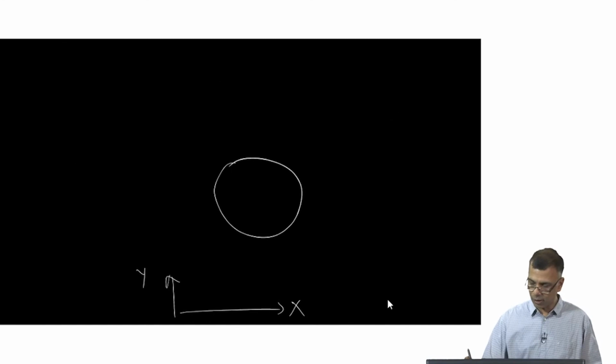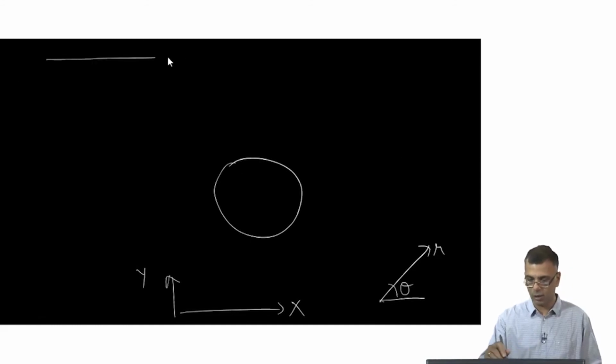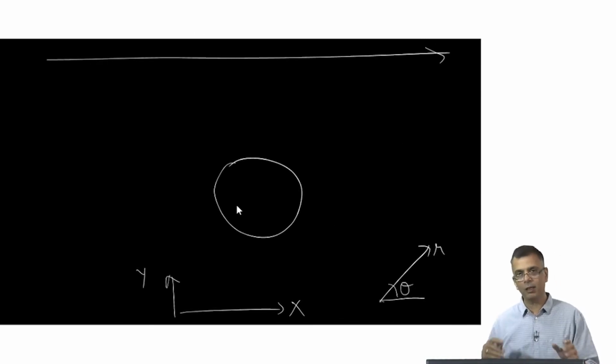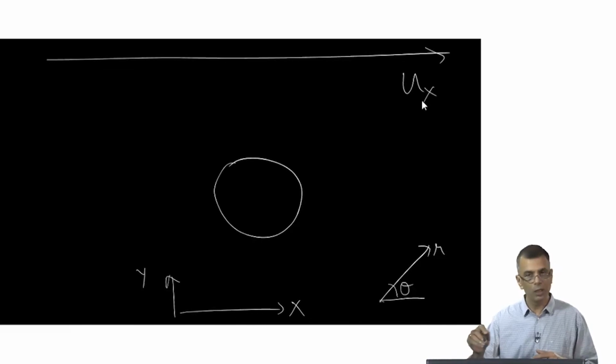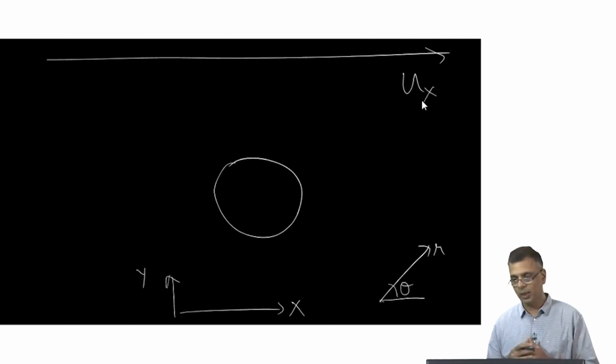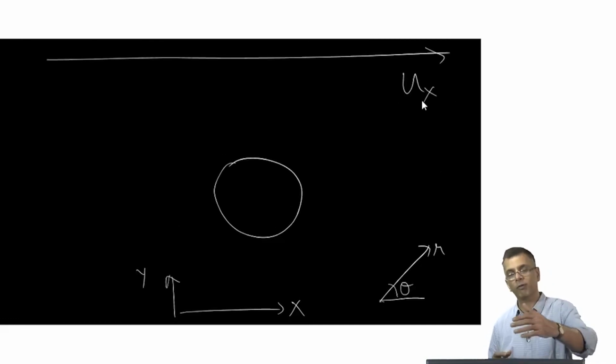Although we are really talking in terms of spherical polar coordinates, r and theta, what we're really saying is that at infinity, very far away from the sphere, let's just draw it here, the fact that there's a sphere present hardly has any influence on the flow. If the flow was flowing in the x direction, like so, no question of any gradients or anything because we are talking about inviscid fluids. So the sphere hardly disturbs the flow, very, very far from its surface.